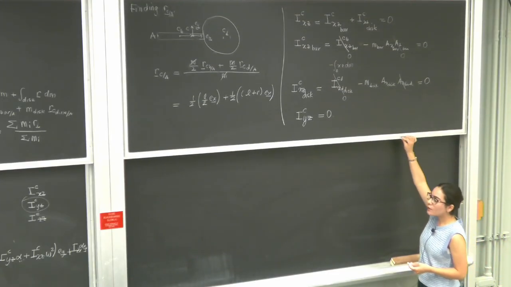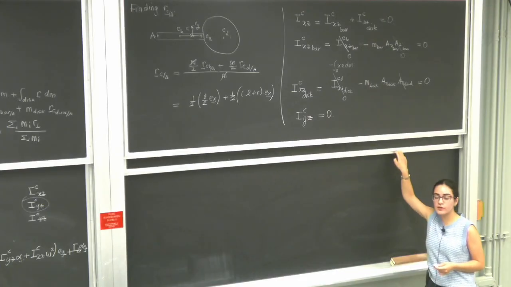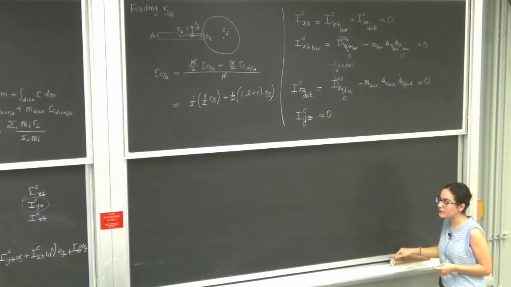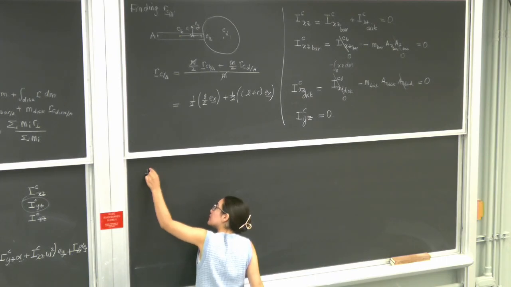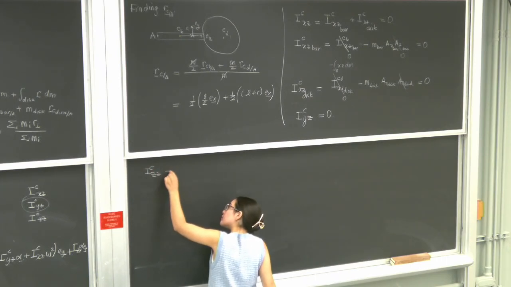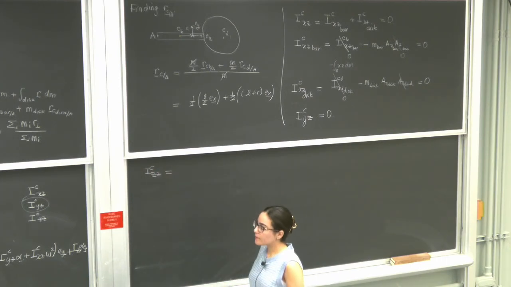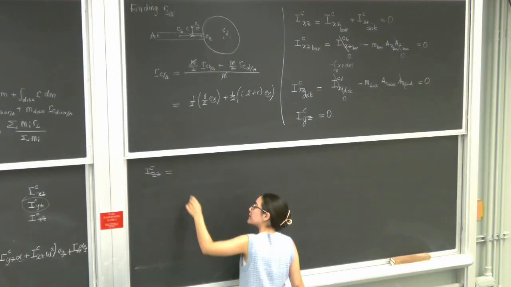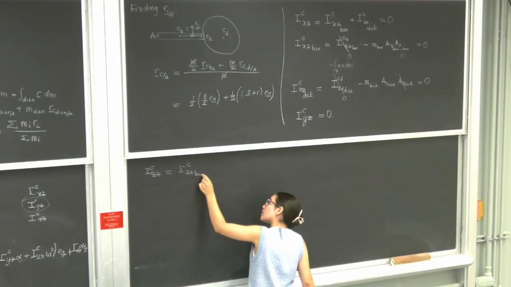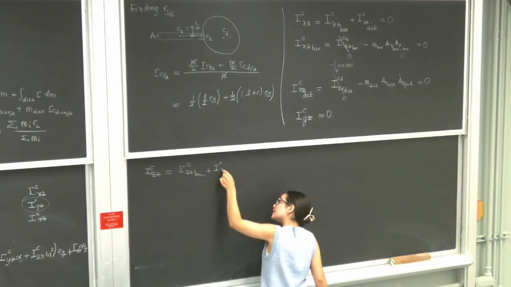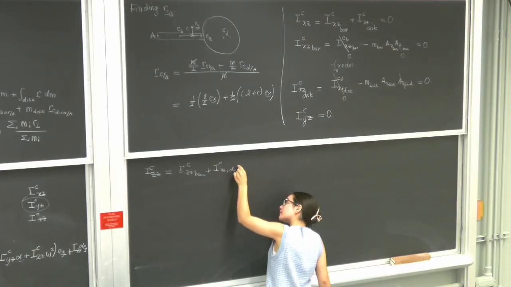Okay. Now what we need to find is the moment of inertia, I_C zz. And that's going to be non-zero. I_C zz is I_C zz of the bar plus I_C zz of the disk.